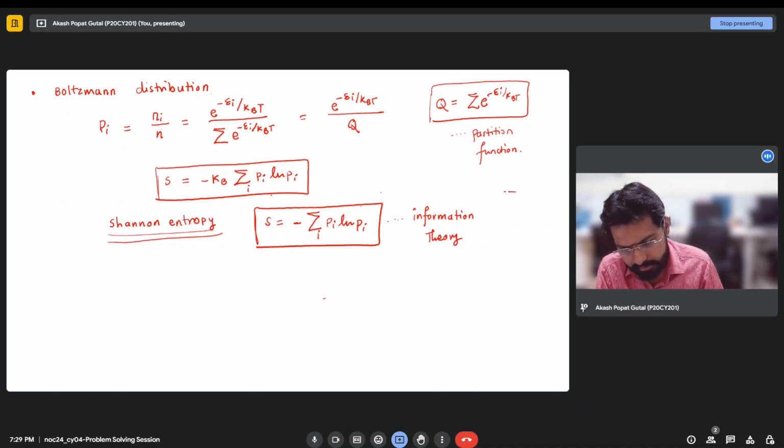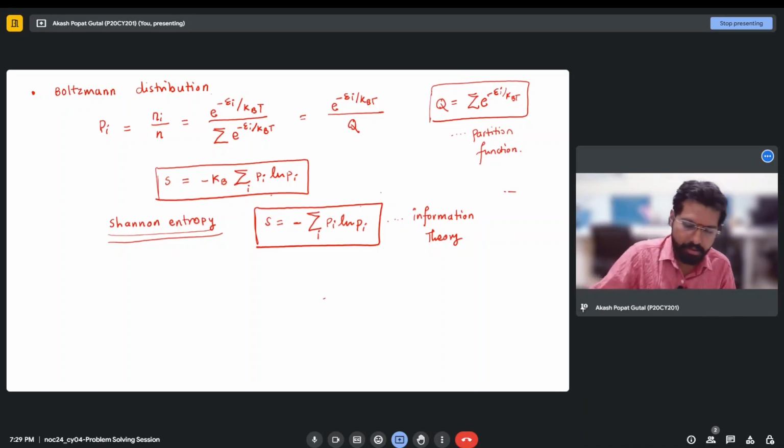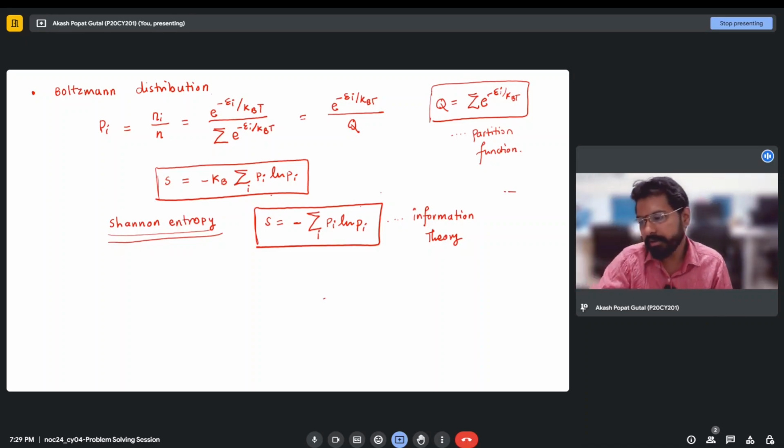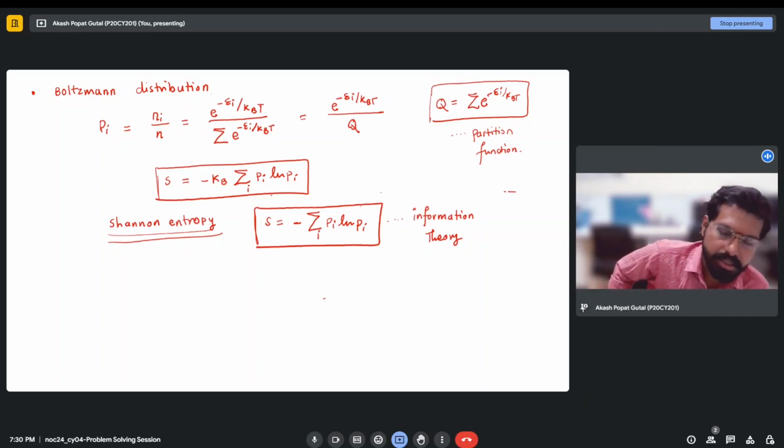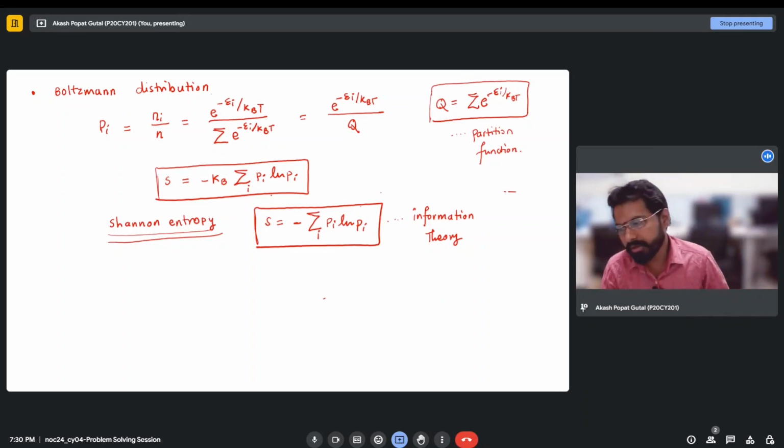At the end, we have derived some link between the classical thermodynamic quantities and the statistical thermodynamic quantities. Let me add one new slide.